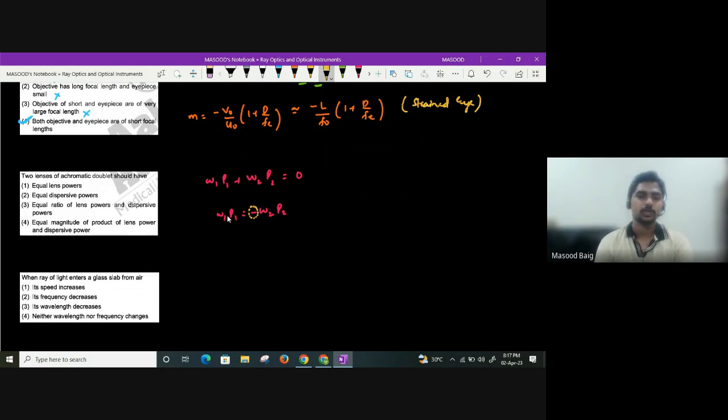Wherever you see equal lens power, it will be wrong. Equal dispersive power will be wrong. Equal ratio of lens power and dispersive power is also wrong. Equal magnitude of the product of lens power and dispersive power will be the correct statement. So two lenses of an achromatic doublet should have the same value of the product of lens power and dispersive power. Clear? Is that clear?